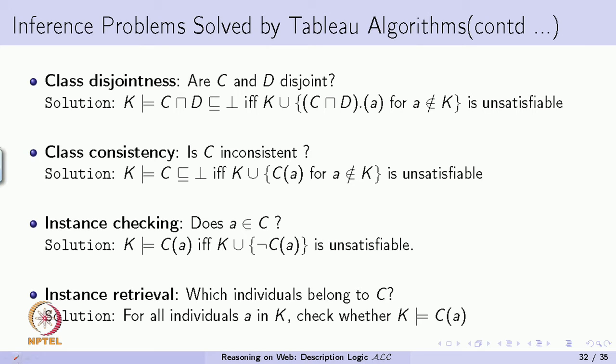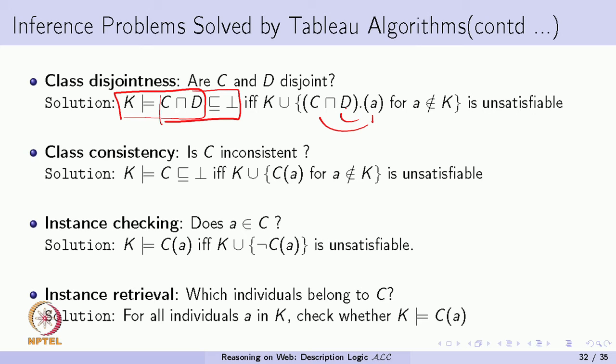If you want to ask the question whether two classes are disjoint, so for example, you have defined men and women somehow, and you want to show that they are disjoint according to the definitions, which means that they should not have a common element. So, if you want to show that this statement is true, which means the knowledge base entails that C intersection D is a subset of the empty set, which means it is an empty set, you can show that by adding that there is some A which is both a C and a D at the same time.